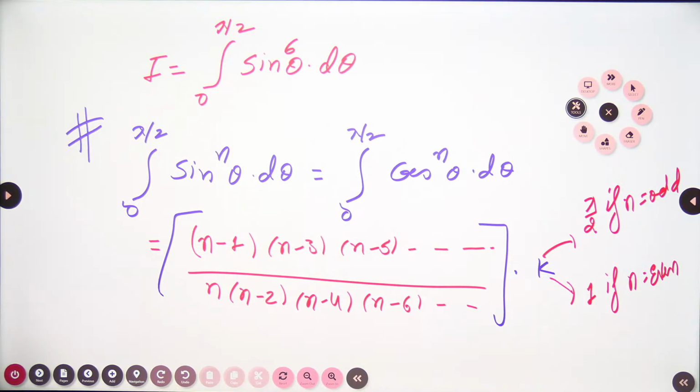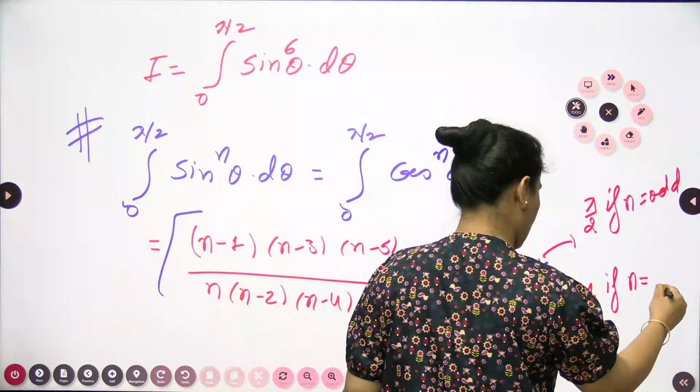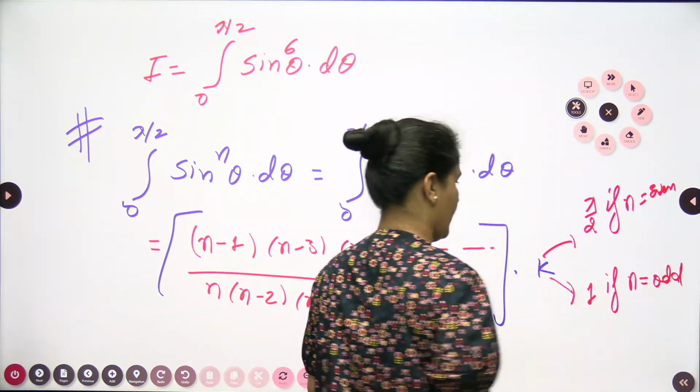With the help of this we can solve the question very easily. So now if I approach the question, what is the result? Sorry, pi by 2 is for even and 1 is for odd, my mistake.